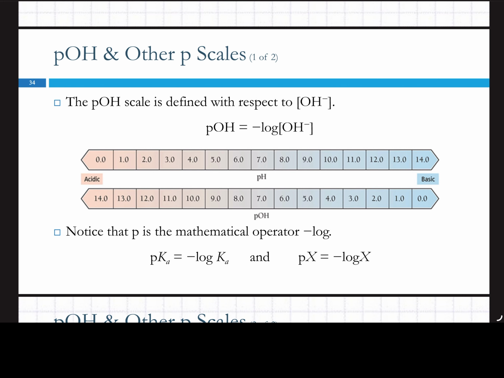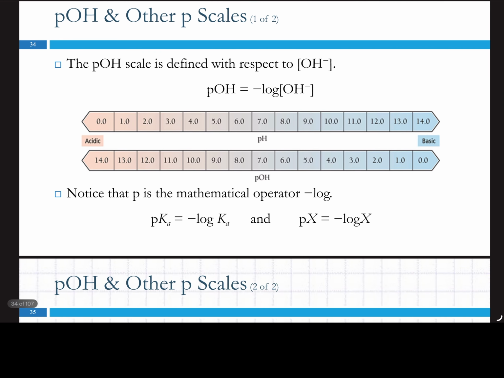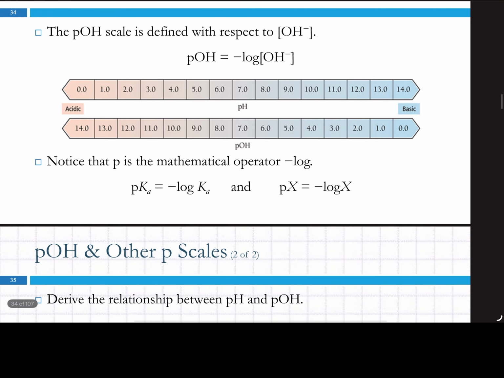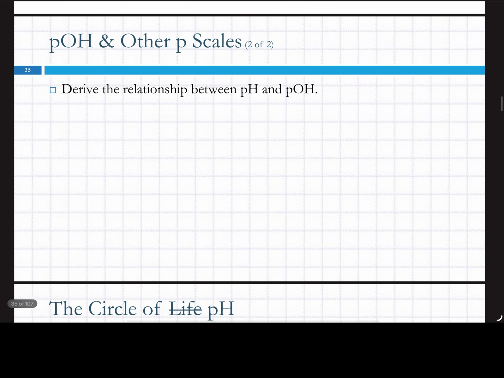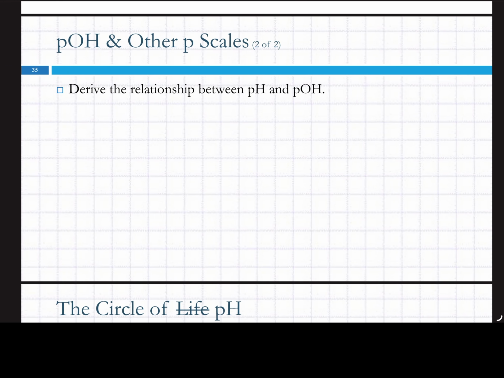We can also do this to our equilibrium constants. So pKa is the negative log of the Ka for an acid. Or we'll have later pKb. I guess you have pKw too. Negative log of the equilibrium constant of water, which is actually what is so useful here.